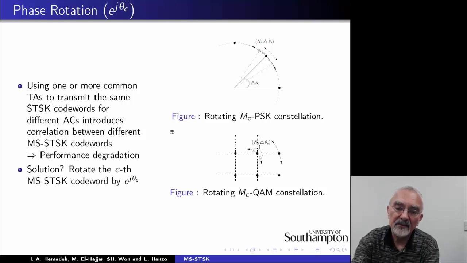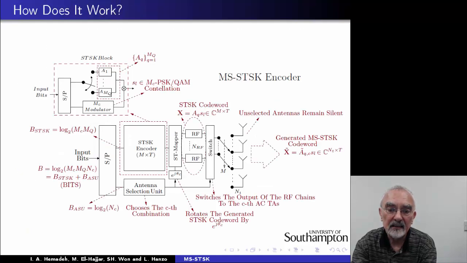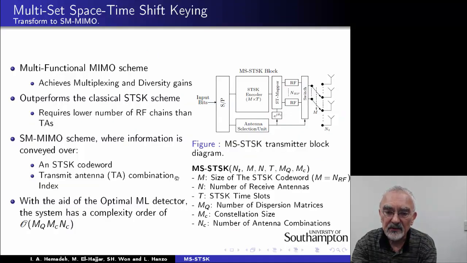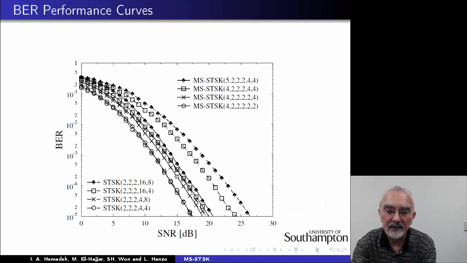So for a classic BPSK constellation, the phase rotation is seen here at the top right hand corner, whereas for a QAM constellation at the bottom right hand corner. So just go back for a moment again. The rotation is seen here in the schematic, and there are other schemes that could be used to mitigate this problem, but this solution was found to perform quite well.